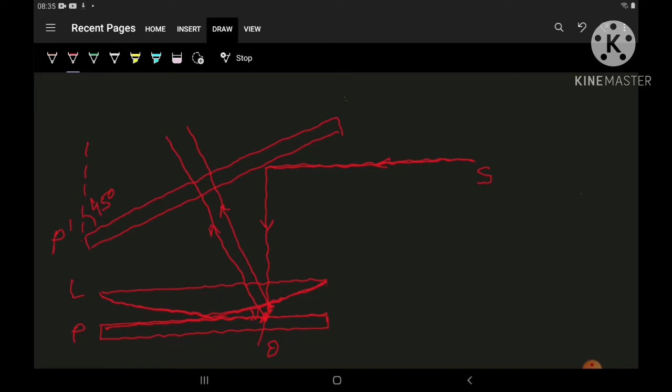Let's see again what is going on. Let us consider a source of light. From here a parallel beam of monochromatic light is made incident on the glass plate P dash. Striking it, the beam becomes vertically downward and moves towards the wedge-shaped film. From the upper surface a part of the light gets reflected, and the remaining light gets refracted and is again reflected from the lower surface of the film, that is from the glass plate.